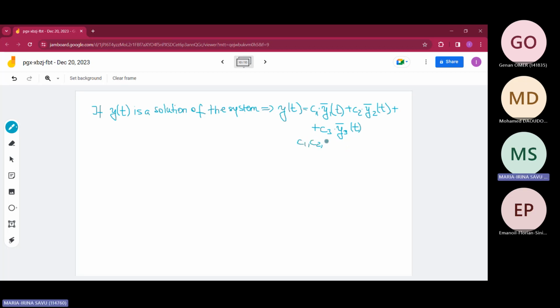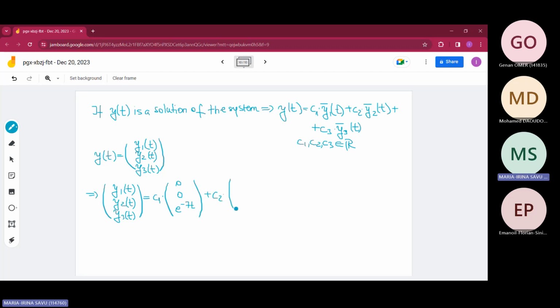And C1, C2, C3 are in R. So it means that y1 of t, y2 of t, y3 of t is c1 times 0, 0, e at minus 7t, plus c2 times e at t, e at t, and 0, plus c3 times e at 5t, minus e at 5t, and 0. Right? Yes.